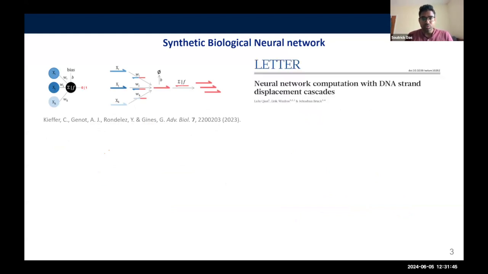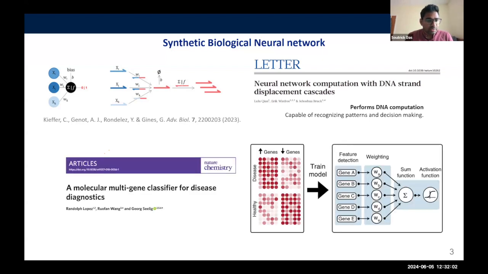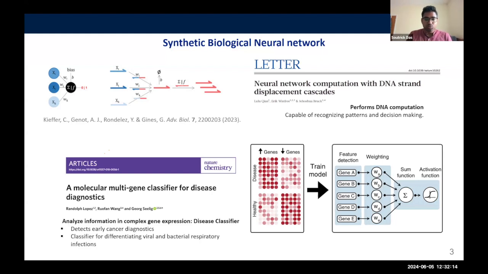All this started with Qian's group around 2011, when they modeled neural network computation using DNA strand displacement reactions, which perform DNA computation capable of recognizing patterns and making decisions. Next, around 2018, Lopez and group developed a molecular computation strategy which analyzes gene expression data to work as a disease classifier.